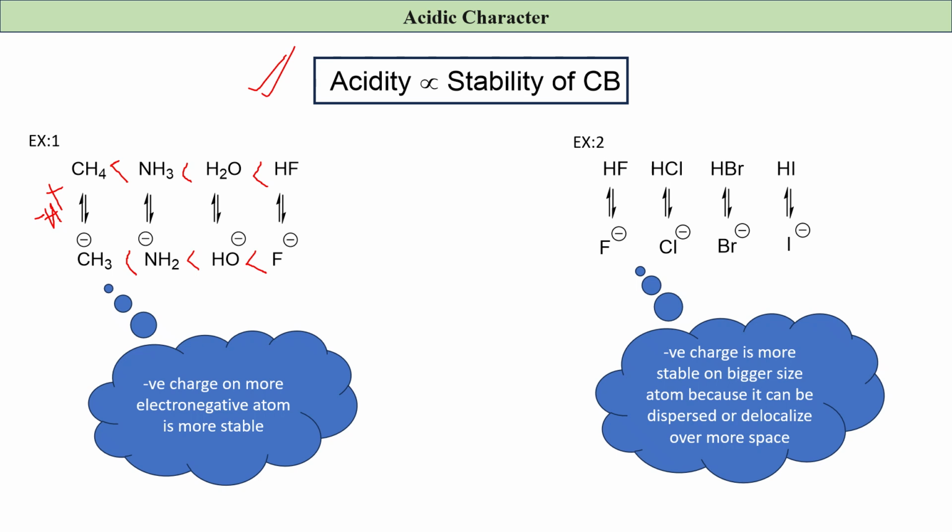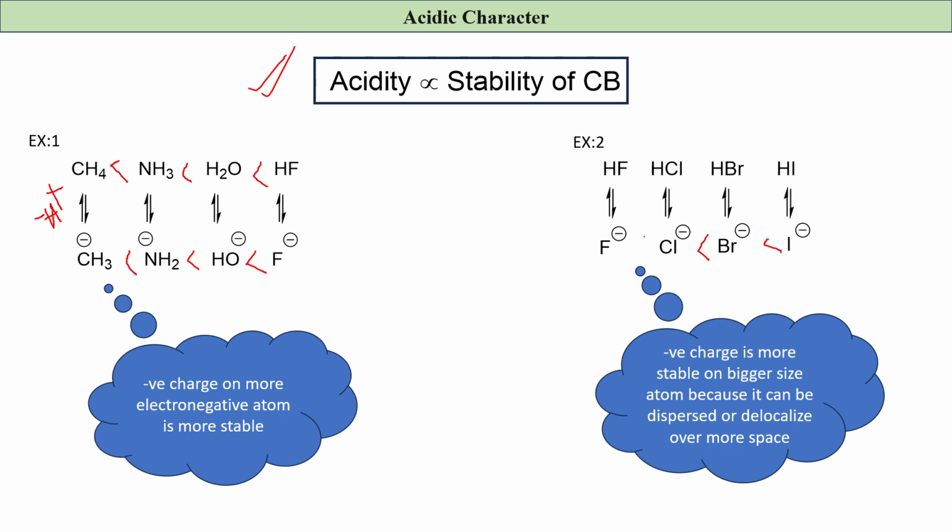It is more stable because since it has bigger size, the negative charge can move on that bigger size very nicely, or you can say negative charge can move around here and there. That means the weight on iodine is reducing a little bit. That means this iodine is more stable than bromine, then chlorine, then fluorine.